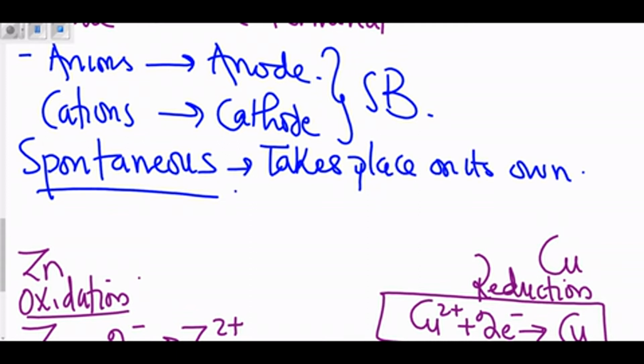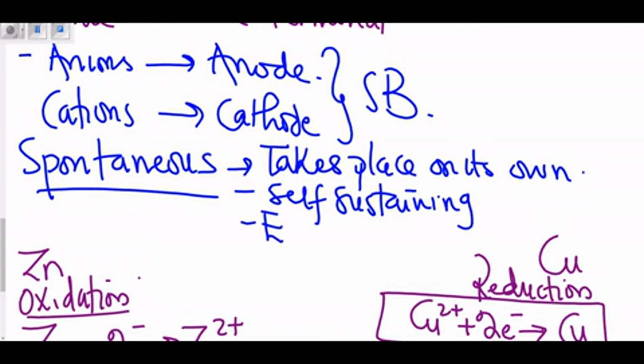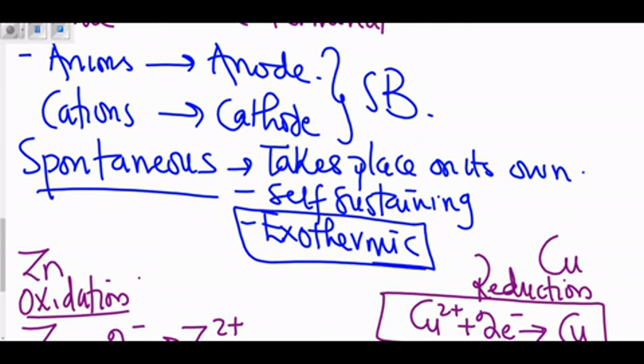It's self-sustaining. And if a reaction is spontaneous, it is going to be exothermic. It's an exothermic reaction because it is spontaneous. We will later see how to do a calculation to check the spontaneity of a cell.